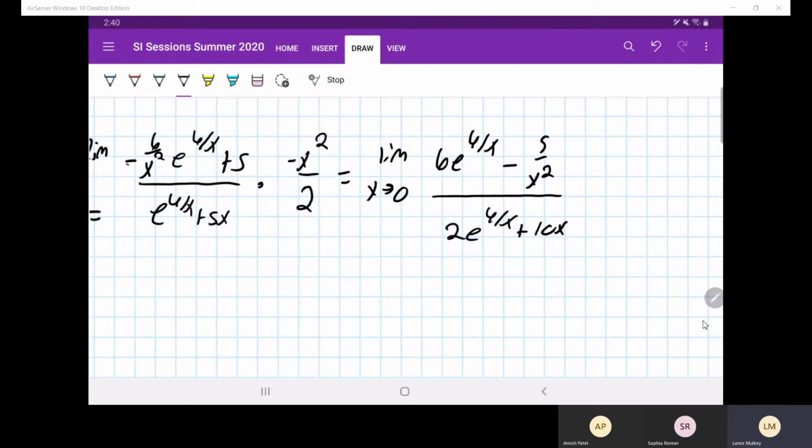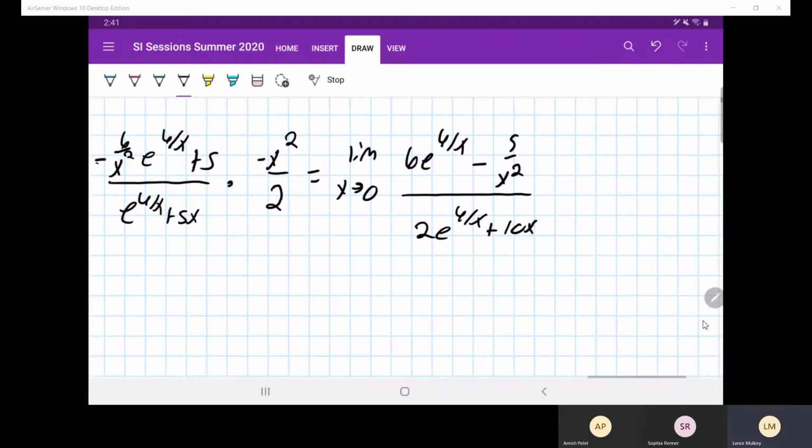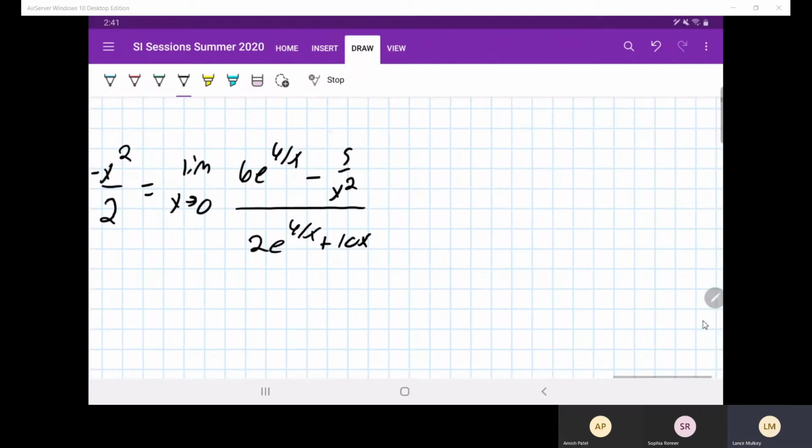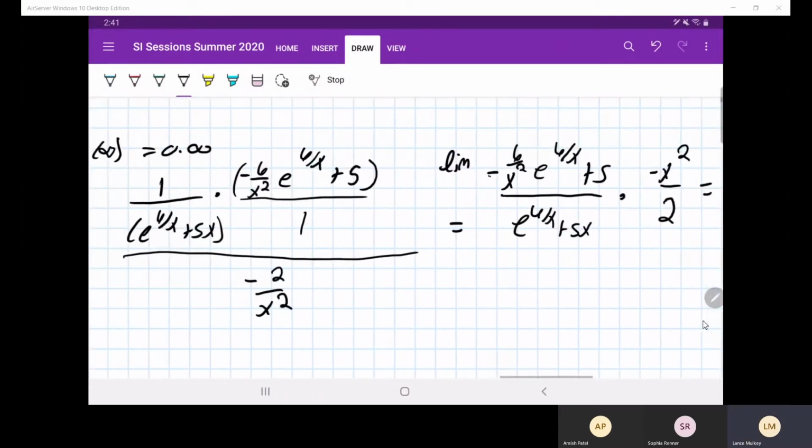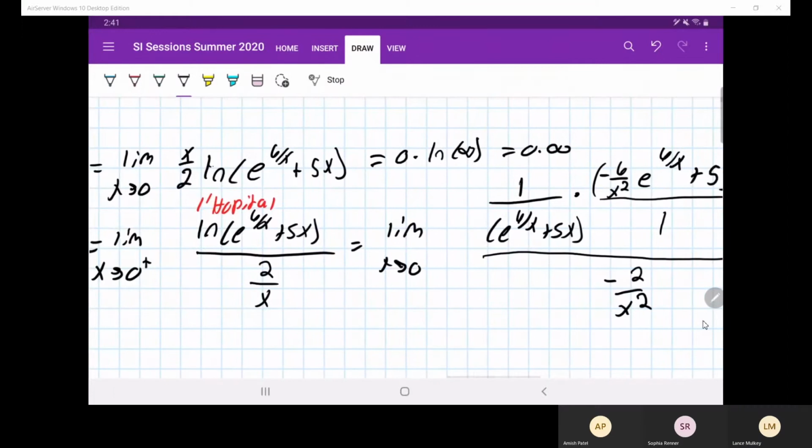So if you plug in 0 here, you get infinity minus 0 over infinity plus infinity. So that's infinity over infinity. So that still won't work. So let's take the derivative again and see what happens. I may not have had to take the natural log of this.